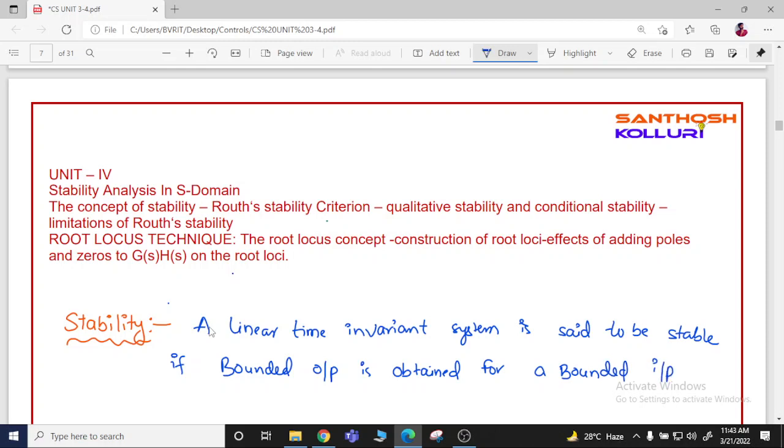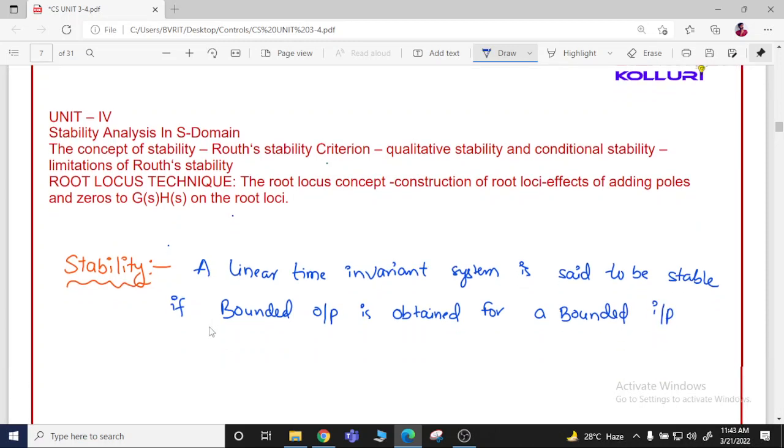This can be called BIBO stability, bounded input, bounded output. So we need to get a bounded output as and when we apply a bounded input. That system can be called a stable system.